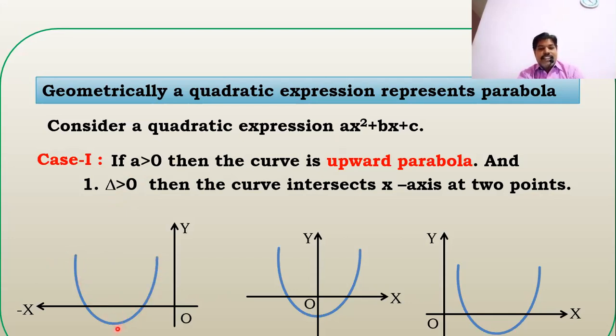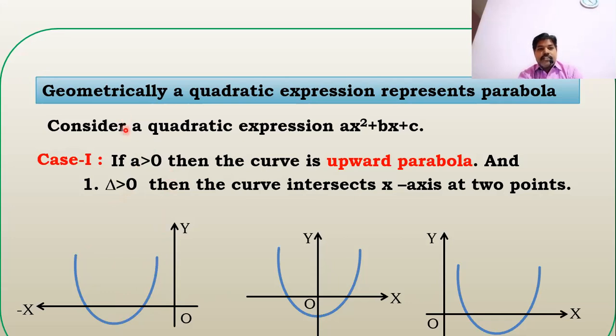So at the bottom of this point, you will get the minimum value. That's why if a greater than 0, the expression has a minimum value. Maximum value does not exist. Why? Because it is increasing.